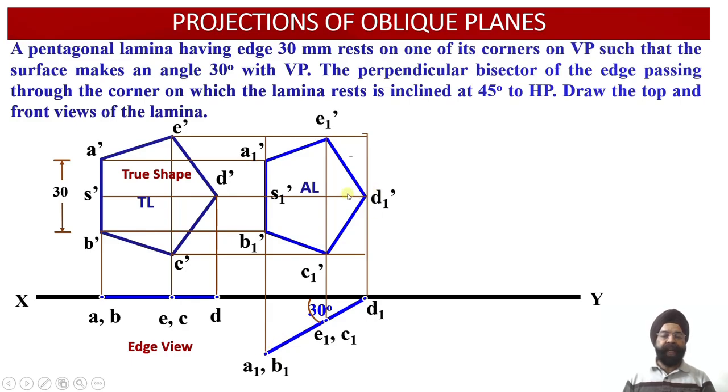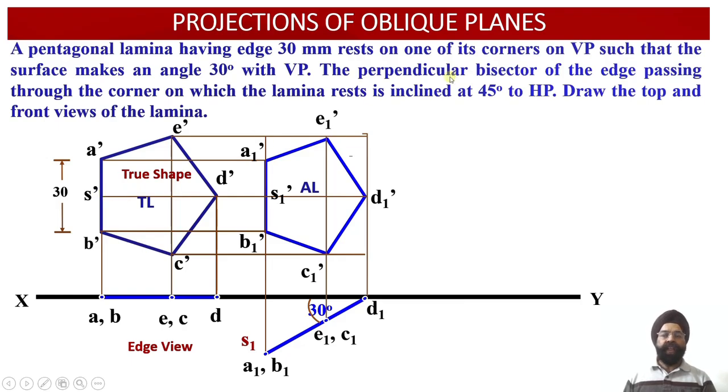Because this apparent length D1 dash S1 dash happens to be parallel to the horizontal plane. So in the top view projection, you can see this length D1 S1 appears as a true length. So this true length of this line is obtained even in the top view projections, and we had the true length of this line available with us in the front view projections as D dash and S dash over here.